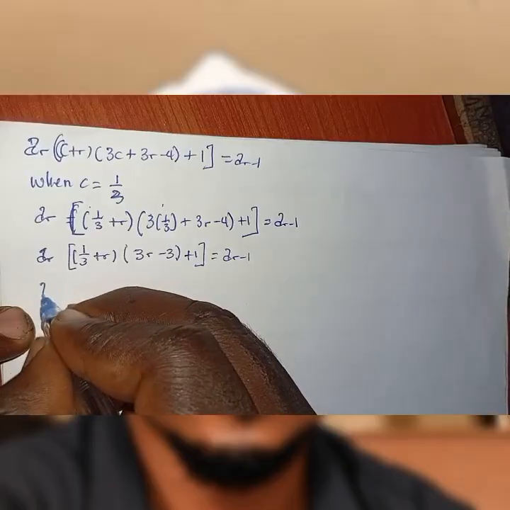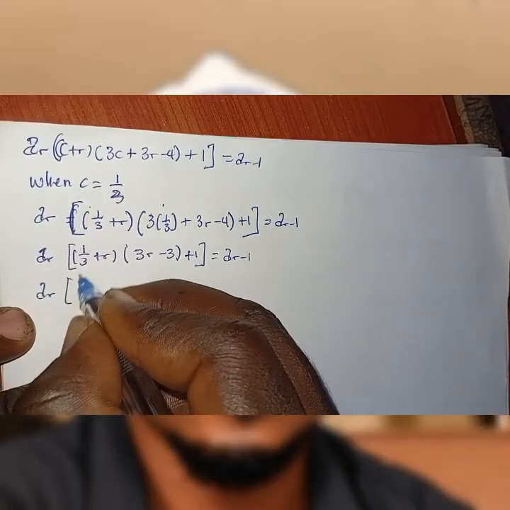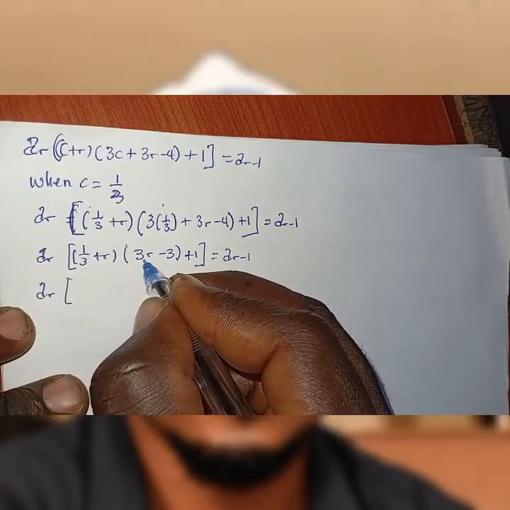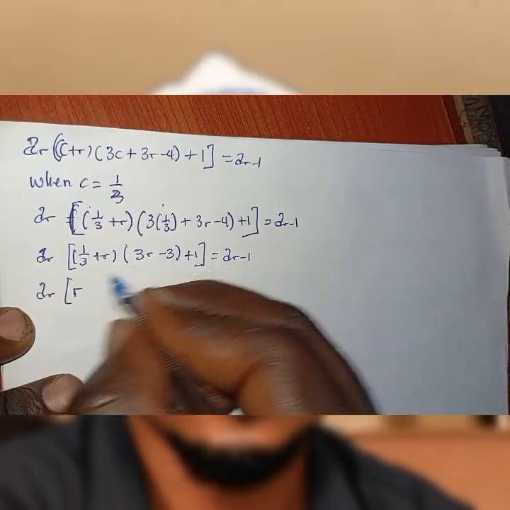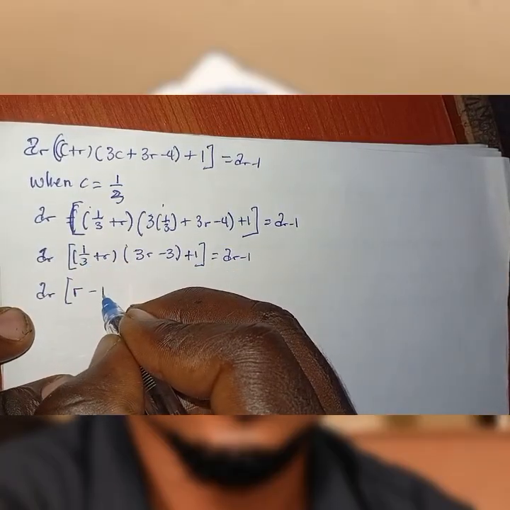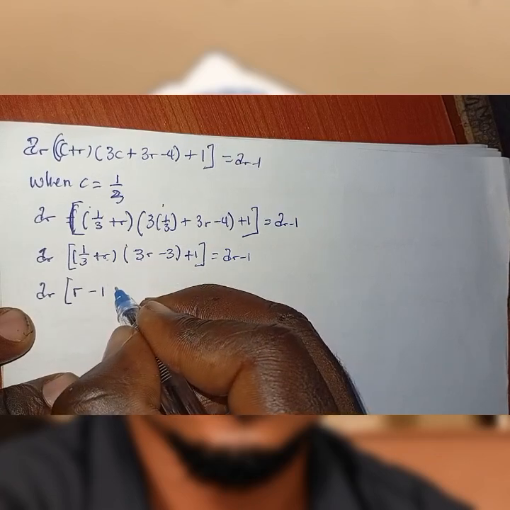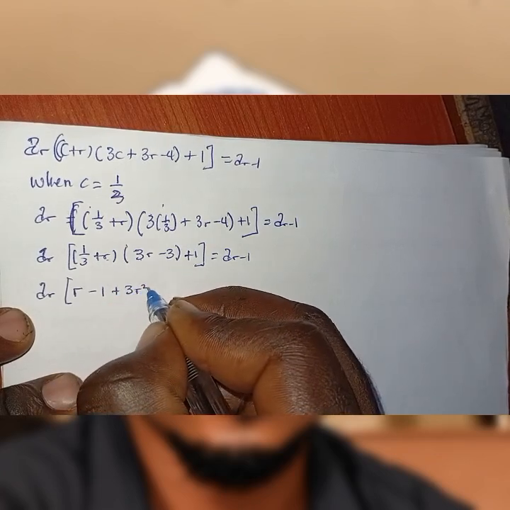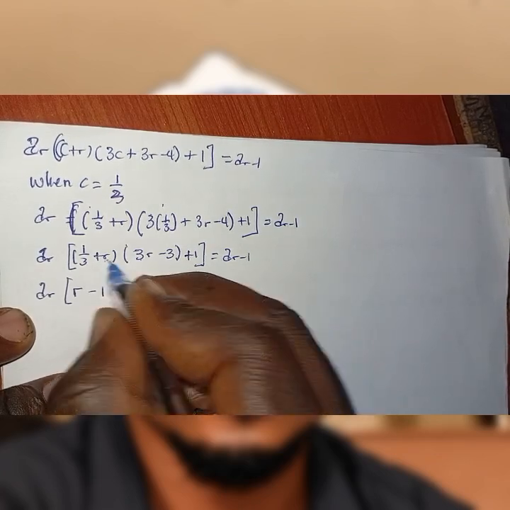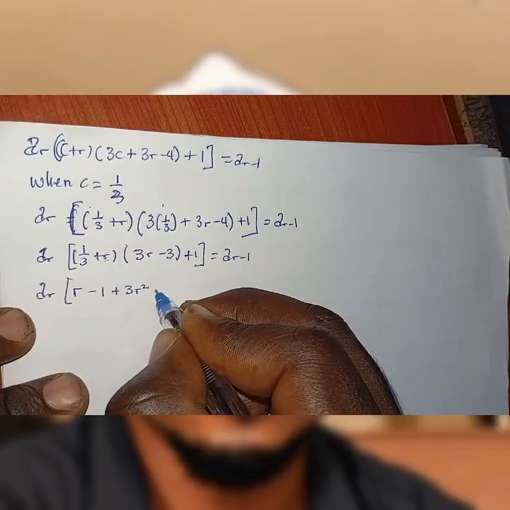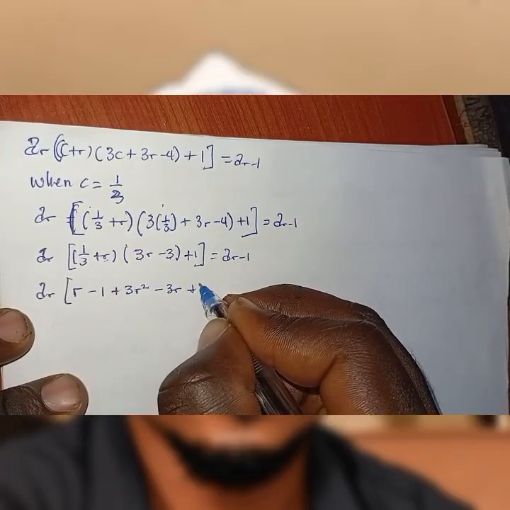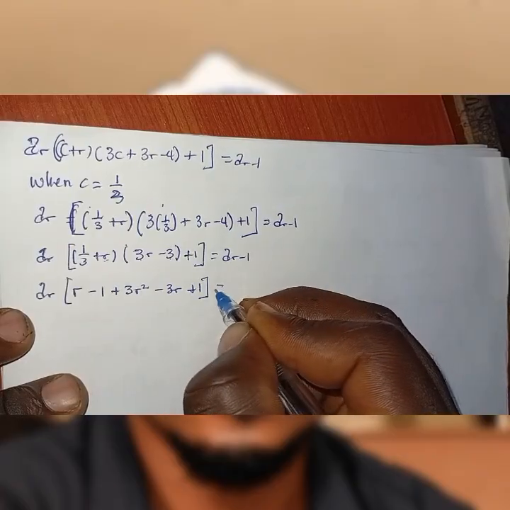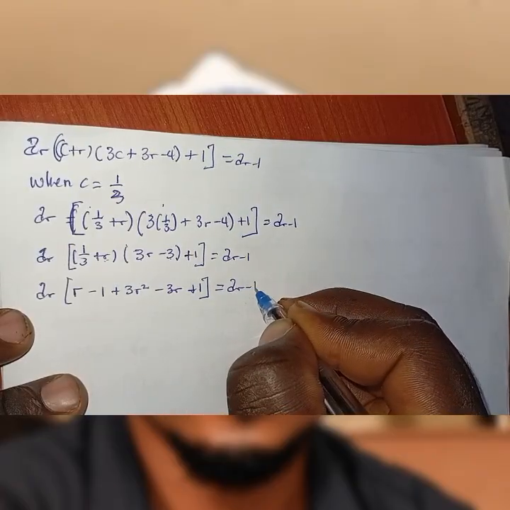Now open all the brackets. 1 over 3 multiplied by this, 3 will cancel 3, so it remains r. 1 over 3 multiplied by this, 3 will cancel 3, so it remains minus 1. This times this is plus 3r squared. This multiplied by this, so you have minus 3r, then plus 1 equals a_r minus 1.